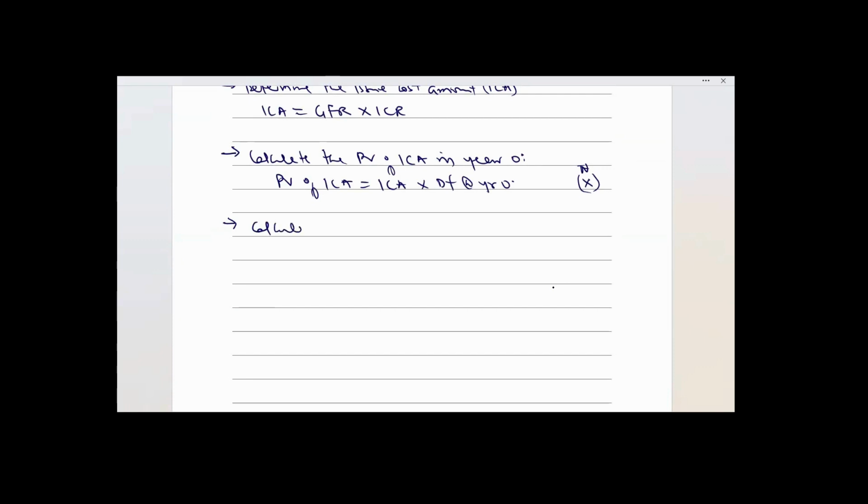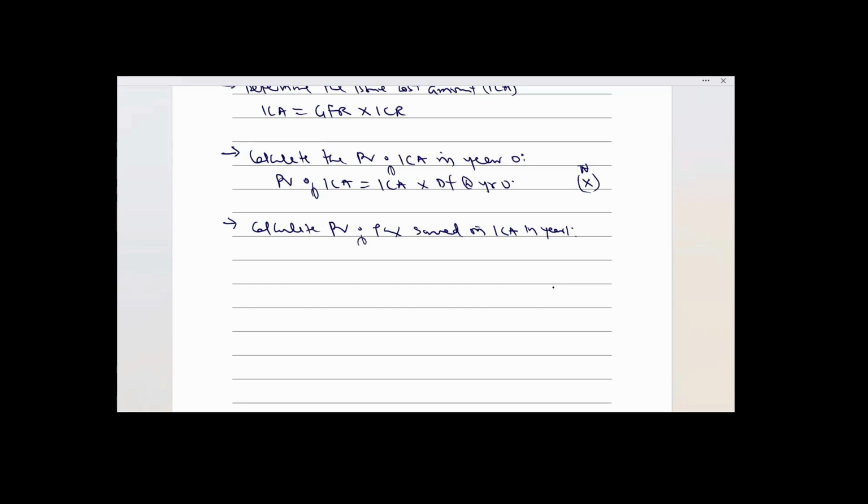Calculate the PV of tax saved on issue cost amounts in year 1, in year 1 only.